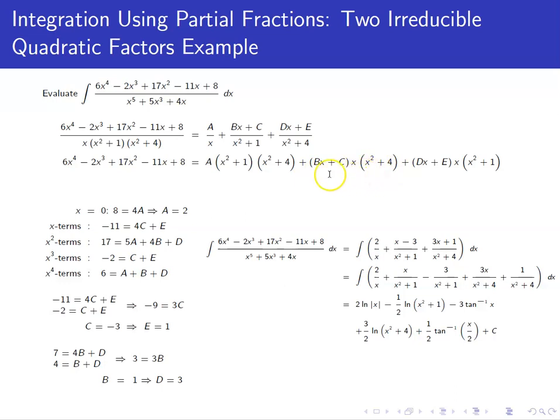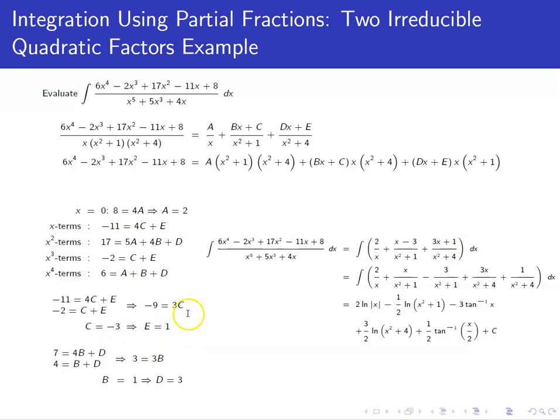So the only way to get an x cubed term from the second product is to take the c times the x squared. That's where that c comes from. Likewise, in the third product, I have to do e times x squared to get an x cubed term. So that's where that e comes from. If we jump down here, I have a system of two equations and two unknowns. I can subtract the equations and get negative 9 equals 3c. That gives me c is negative 3, which in turn will give me e as 1.